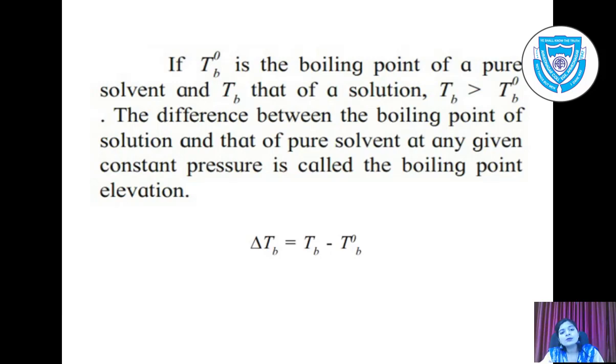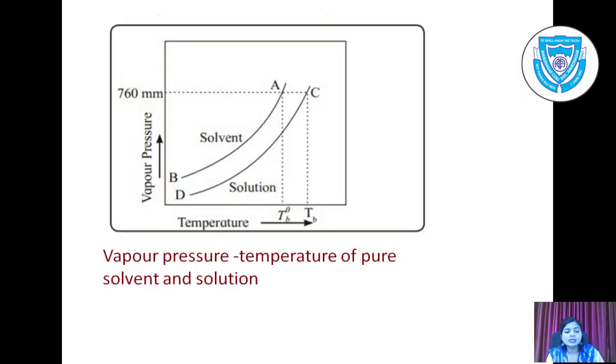The difference between the boiling point of solution and that of pure solvent at any given constant pressure is called boiling point elevation. That means boiling point of solution minus boiling point of pure solvent. Because always remember, boiling point of solution is more and boiling point of pure solvent is less. So boiling point is increased.